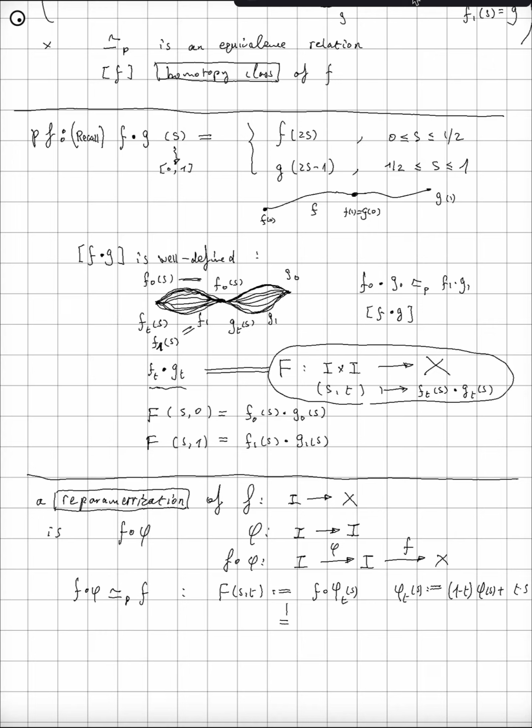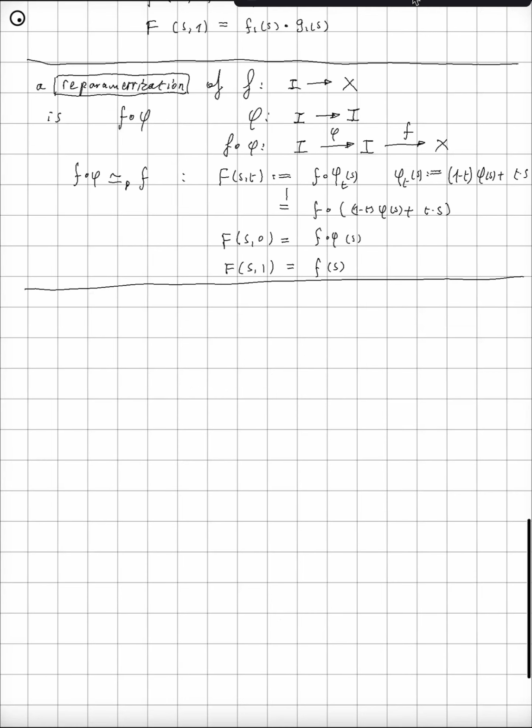So let's first just check when t takes 0: this is just f composed with phi(s). When t takes 1, this is just f composed with s, which is just f itself. So this gives you a continuous connecting family of paths.